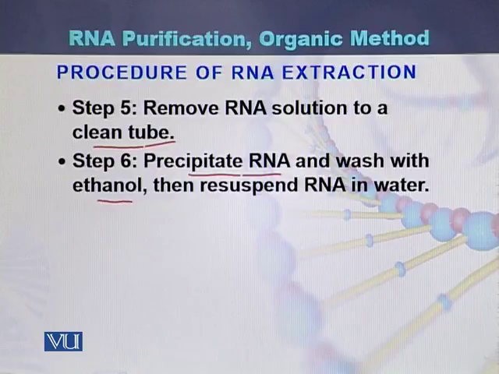So once the aqueous phase has been taken into another tube, then precipitation of the RNA is done with the help of ethanol or isopropanol. Mostly ethanol is used in the case of RNA. Then the RNA is suspended in water for further molecular biology techniques or further study of the RNA.